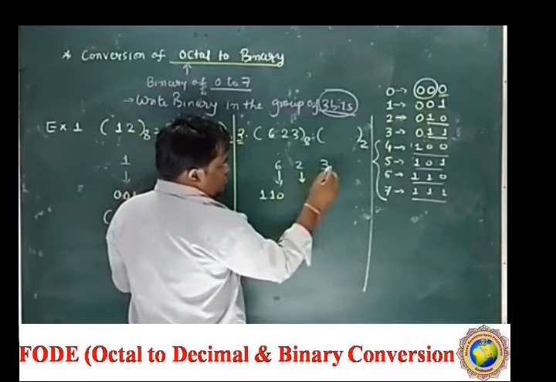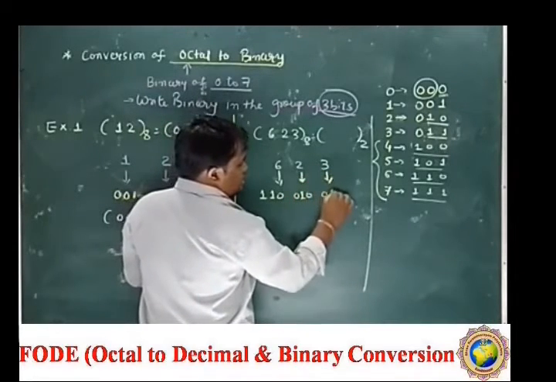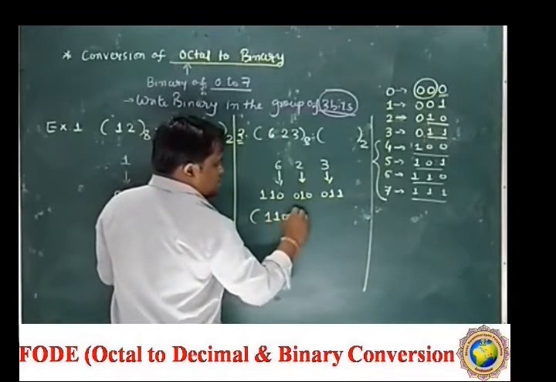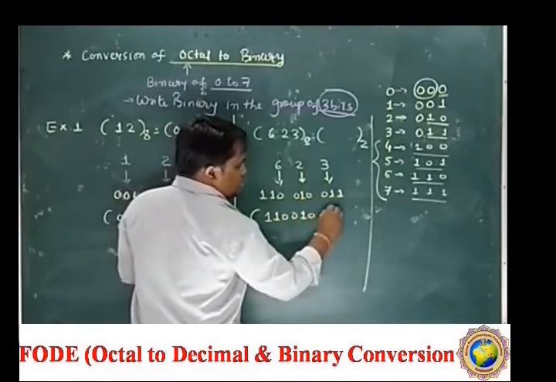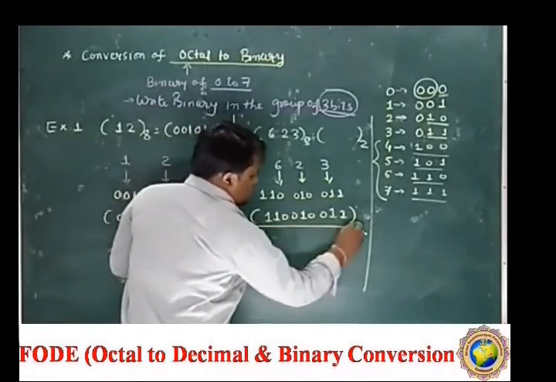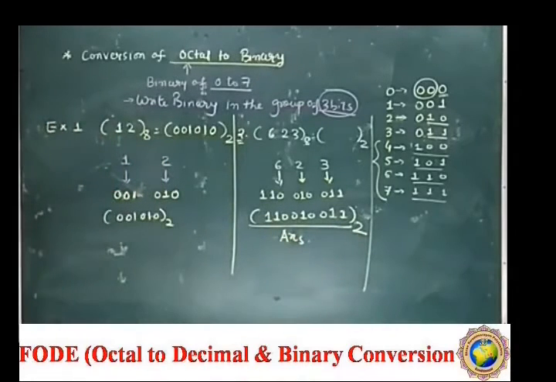What is the binary of 2, that is 0 1 0. What is the binary of 3, that is 0 1 1. So you can write 1 1 0 0 1 0 0 1 1. Okay, so this is our answer. In this way you can convert the given octal number into binary.